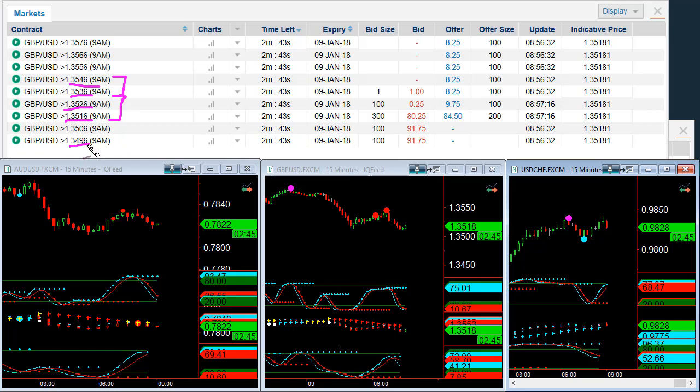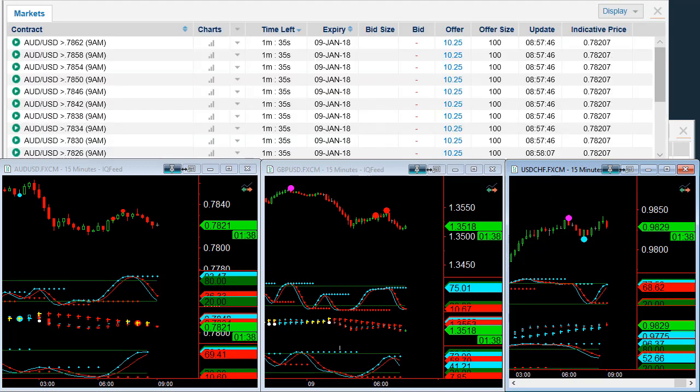Now, a lot of this depends on how close you are to expiration as well. But in this case, on the British pound dollar, you're probably better off taking the at the money versus out of the money just because of the strike width. Now, you don't have that issue on a lot of these other currencies.